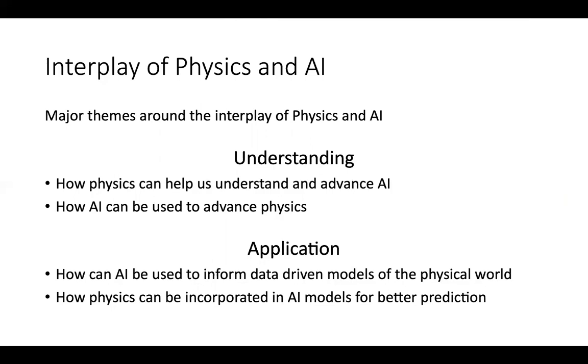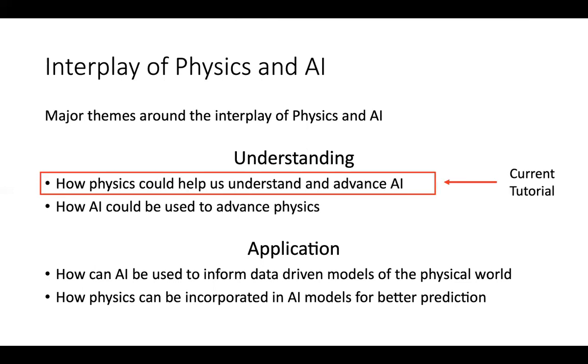And then the second axis is which direction we are coming from. Are we trying to understand physics from the AI/ML perspective, or are we trying to understand AI/ML from the physics perspective? The focus of the current tutorial is on the understanding part, but from the physics perspective. That is, how physics could help us understand and potentially advance AI.